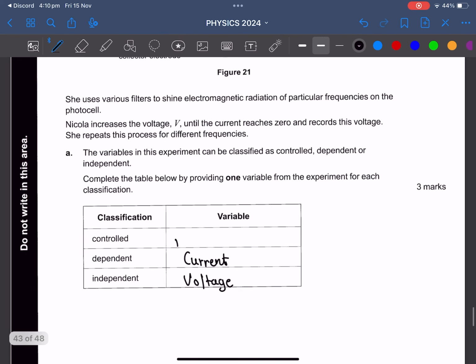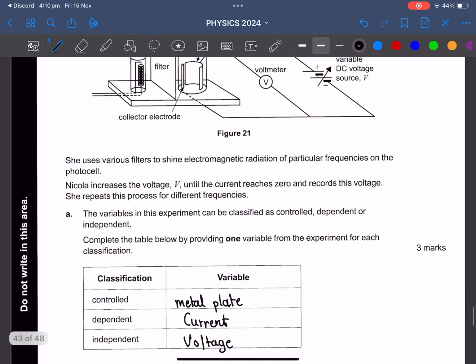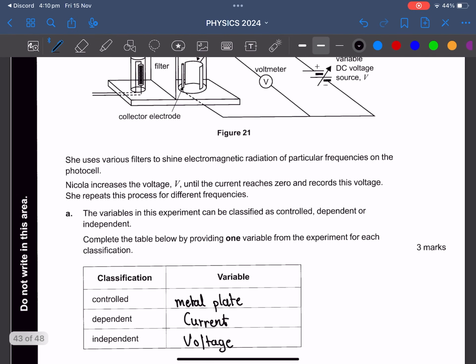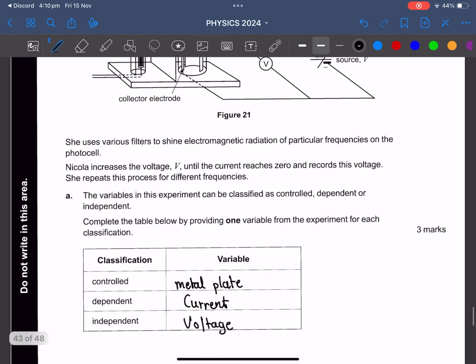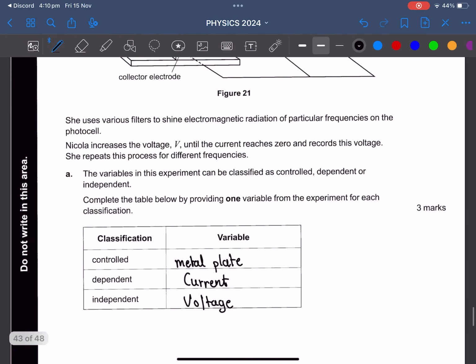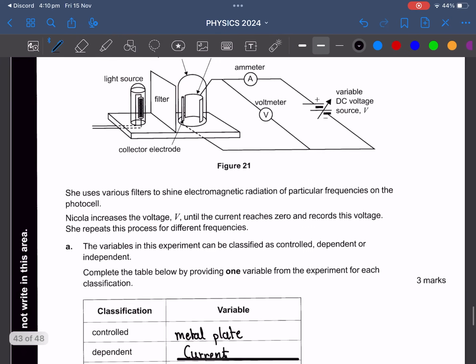Okay, so metal plate, I guess that stays the same. Yeah, so a control variable is basically something that stays the same throughout the experiment. Yeah, I think metal plate is good for this.